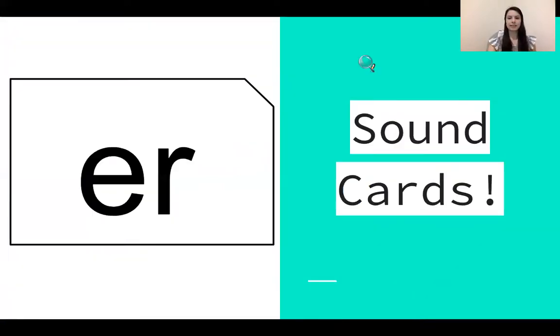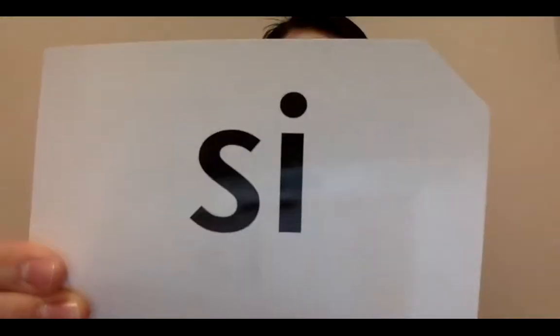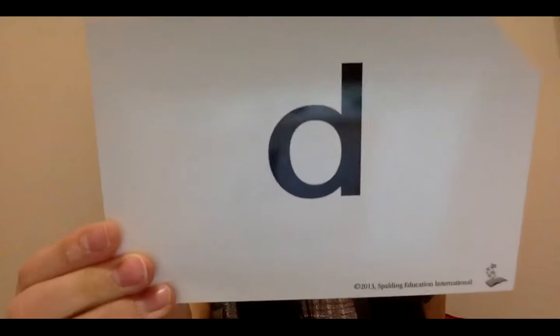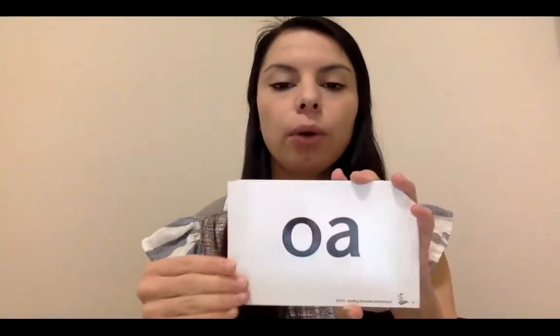Okay. Sound cards. Sh. A. D. I have to make sure because I see it backwards. So to me, it looks like a b, but it's a d. D. O. Remember, we're not saying huh because it doesn't have the sound at the end. It's just very quiet.